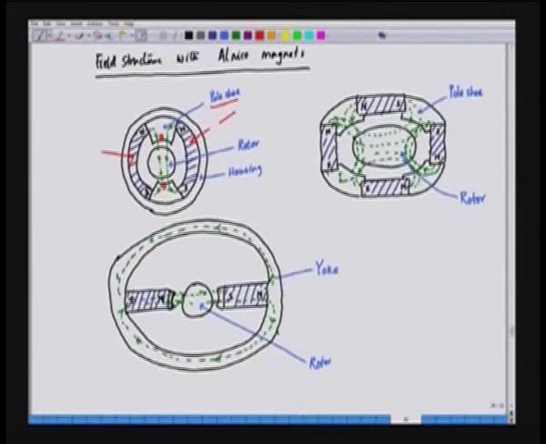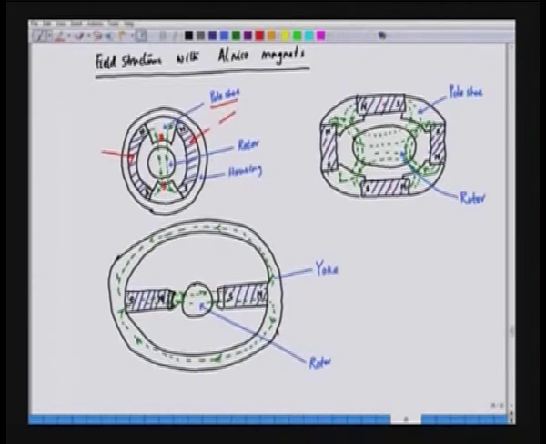Now, if we see a four pole structure, the structure will be like this with alnico magnets. Alnico magnets are thin and long magnets. So, this is one magnet, 2, 3 and 4, and these 4 magnets in total result in 4 poles, 2 north poles and 2 south poles.